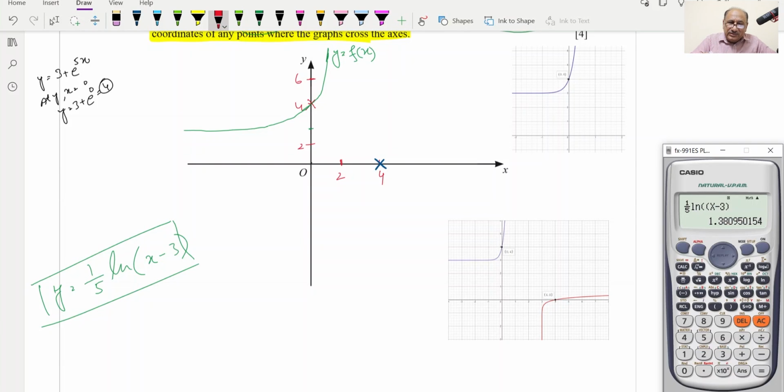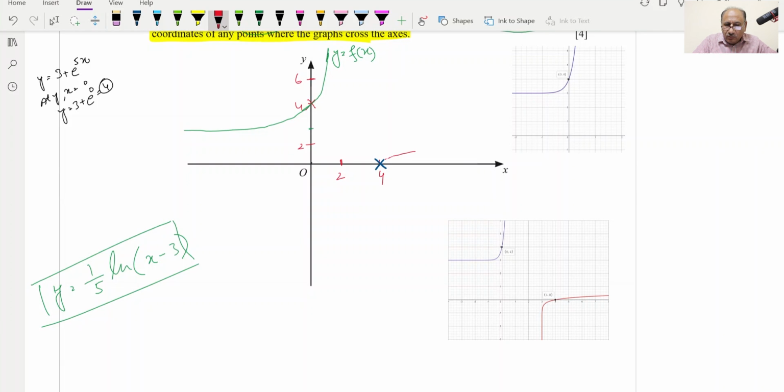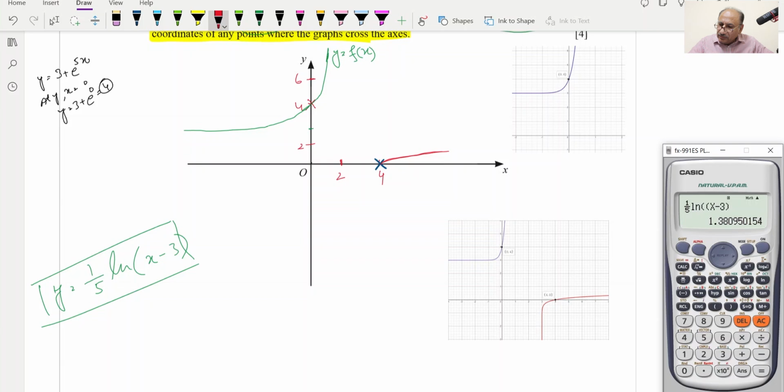So it's lesser than 2, but closer to 2. It's moving like this over here, not above, because our 2 is over here. So I will draw it like this from here.